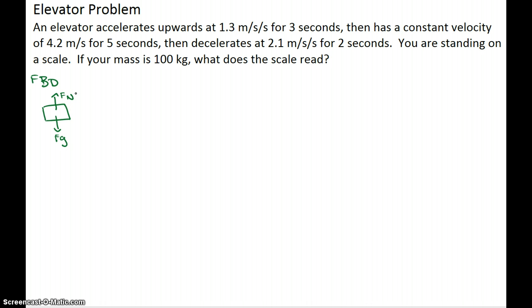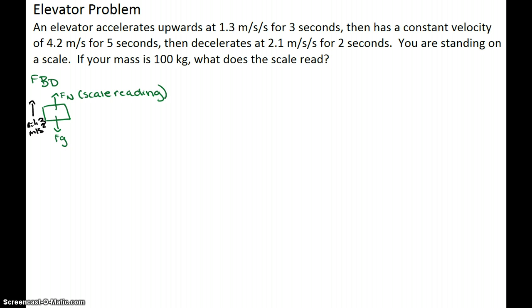The normal force is going to be what your scale is reading. I'm also going to make a note that in this first situation, we're accelerating upward at 1.3 meters per second squared.